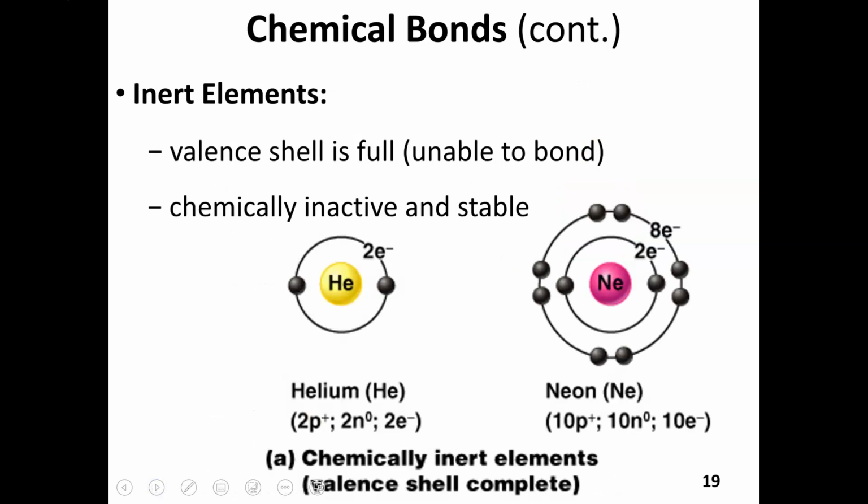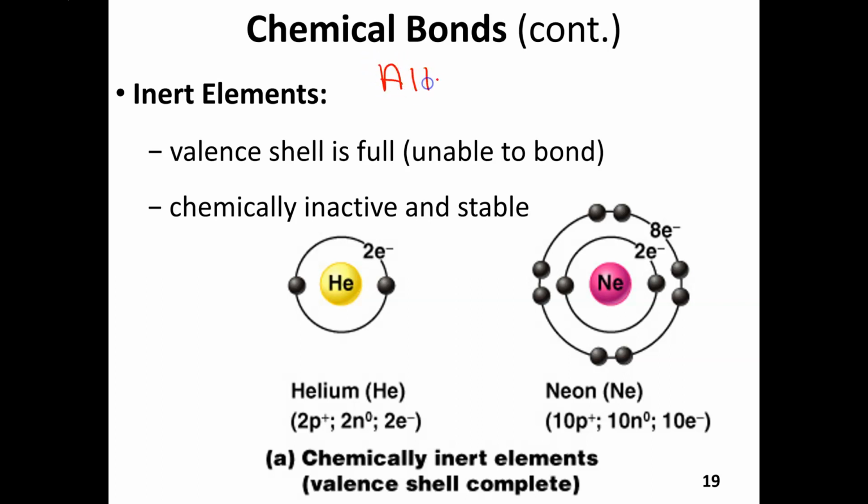If the outermost valence shell is completely full, then these elements are considered inert. They don't interact. They don't want to gain or lose any electrons. All atoms want to have a full outer shell.